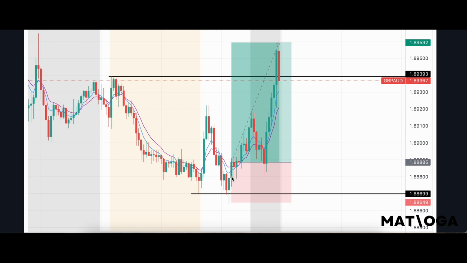But the slight problem with such a setup would be that this entry candlestick isn't actually touching the session low or high. I mean, if this would be vice versa, like a short position.